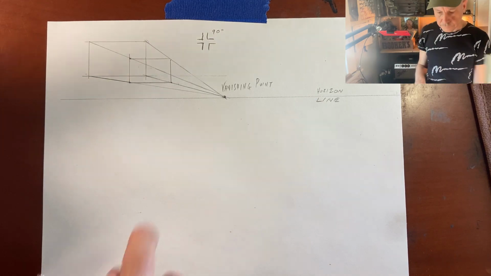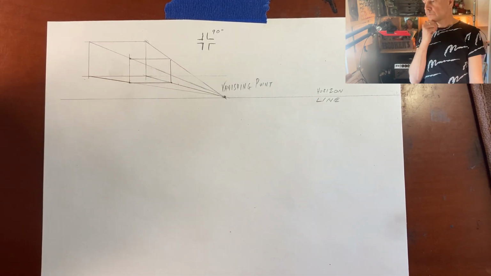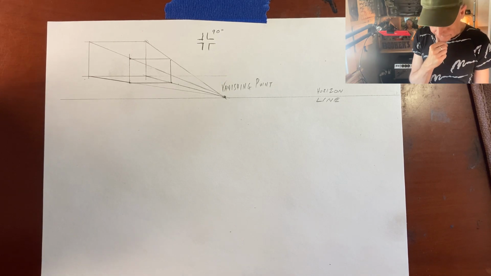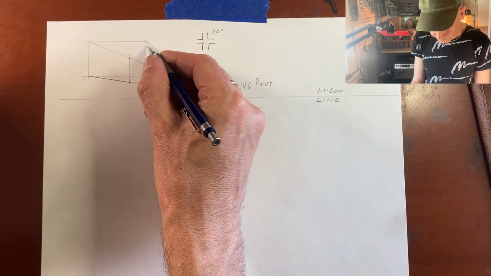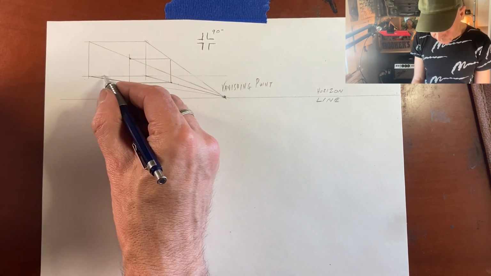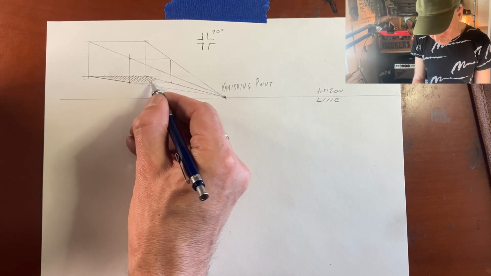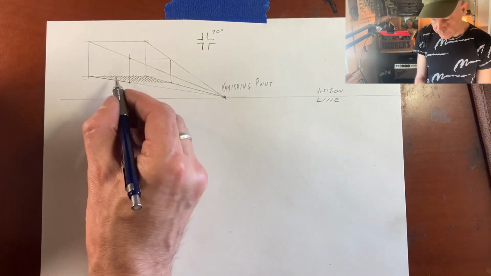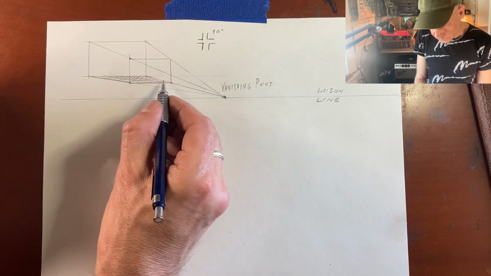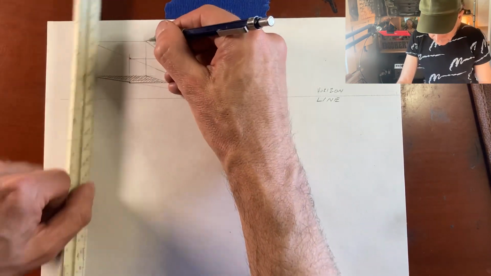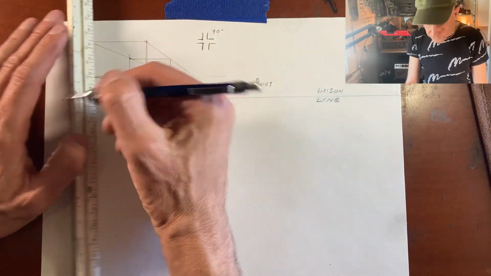Okay, so now we have a rectangular prism. I'm not going to do anything else with it, but I just wanted to make it a rectangular prism. We can put some shading lines, hatch lines on the bottom, just to help see the form of it.